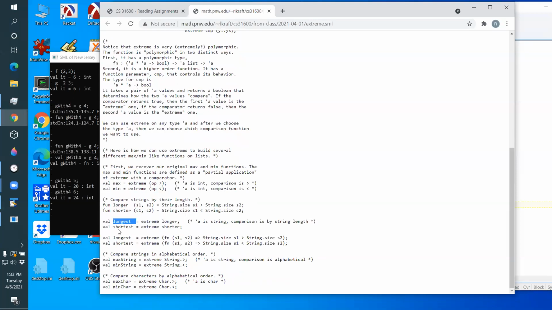Like here, longest and shortest are partial applications of extreme. This one found the longest string in a list of strings, and this one found the shortest string in a list of strings. They were partial applications of extreme. Library designers in ML do this all the time.